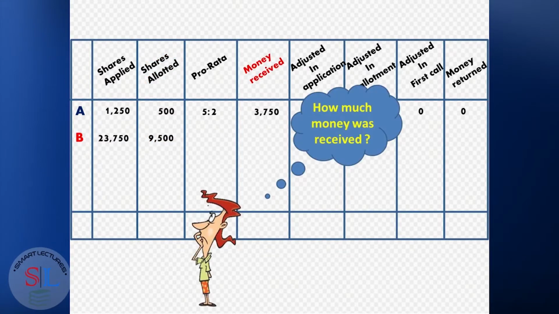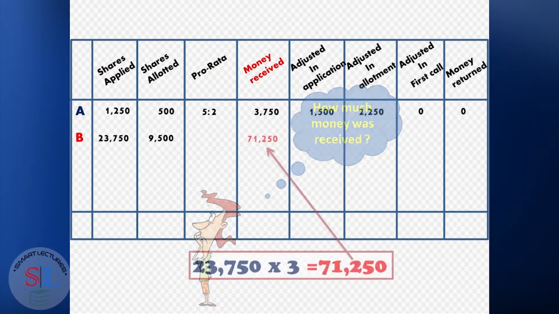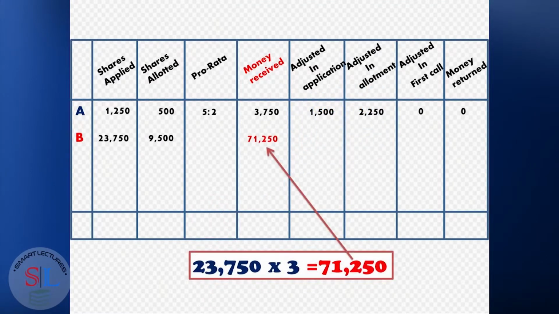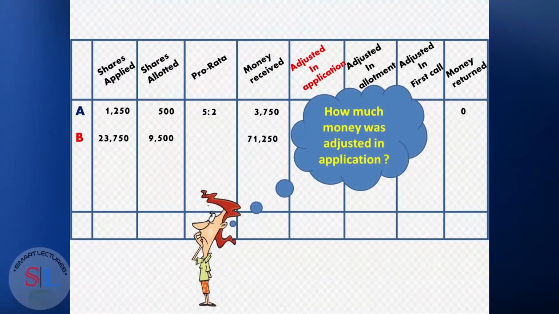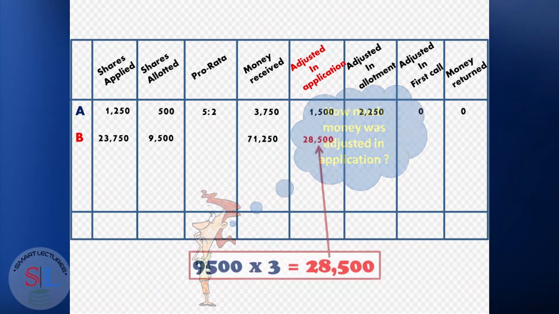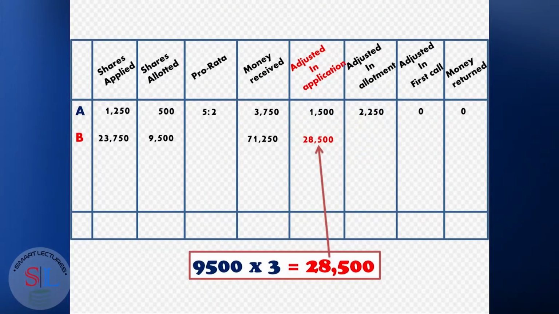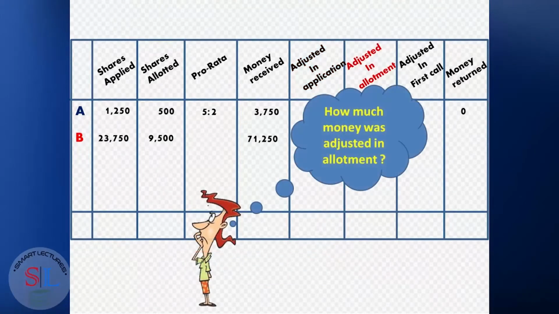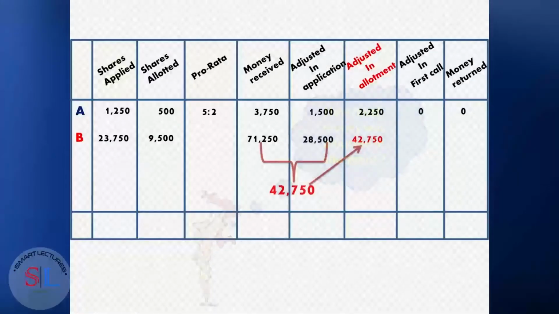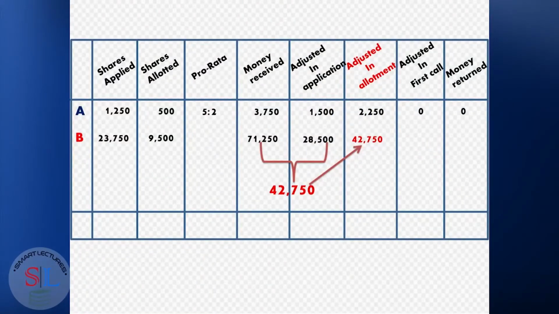So how much money was received from this shareholder? 23,750 into 3, that is 71,250. And how much money was adjusted in application? That was 9,500 into 3, 28,500. And how much money advance was adjusted for allotment? 42,750. Nothing for first call and nothing for money return.